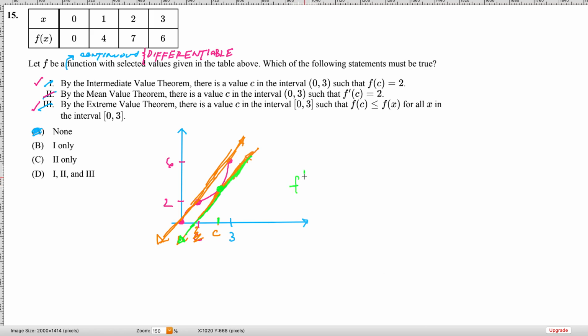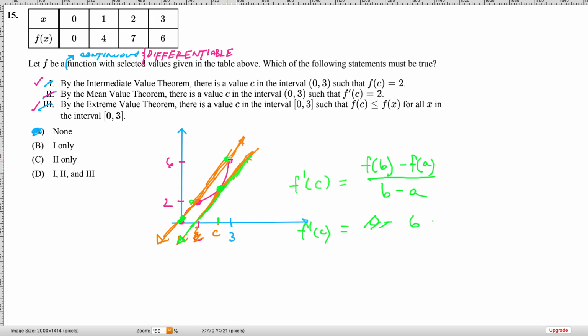And f prime of c is equal to the slope of that secant line. What's the slope of the secant line in general? In general, it would be f of b minus f of a over b minus a. But in the particular case we have right here, f of b is 6.